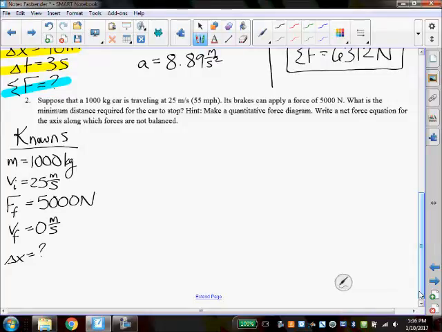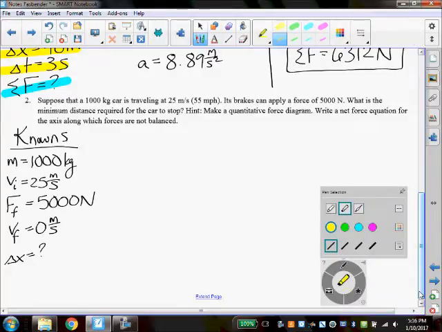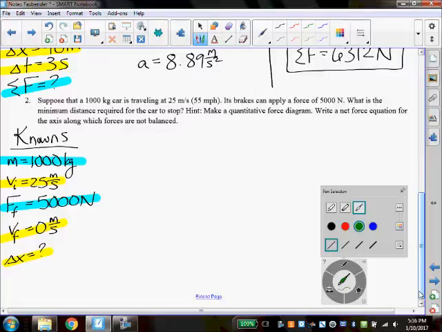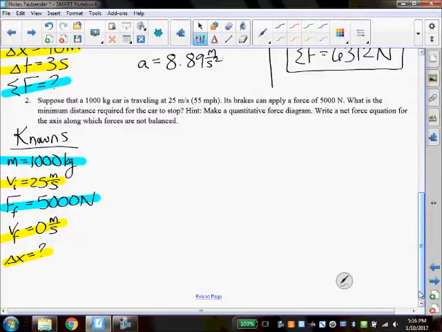So let's see what we got. Yet again, we have a couple different things. We do have a bunch of things about motion, right? VI, VF, and ultimately we want to find the delta X. But we also have mass, and we have a force. Because we want to find a quantity from the motion column, we should start with the forces to find acceleration, and then we'll go to motion. So we will use F net equals ma to find the acceleration.